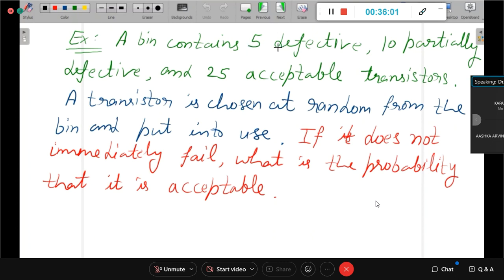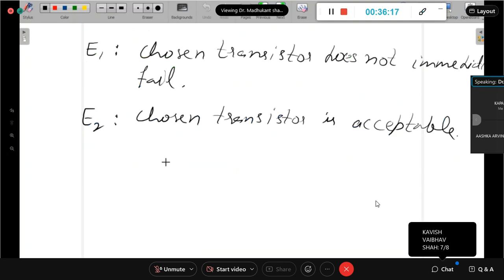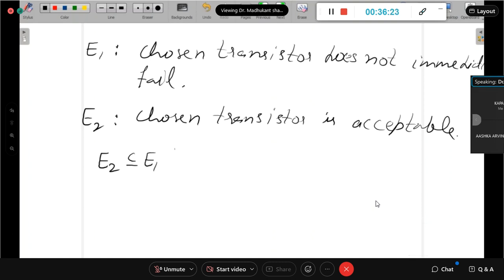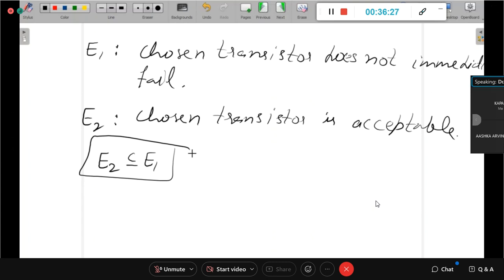Now, the defective ones you can name D1, D2, D3, D4, D5. Partially defective, PD1, PD2, PD3 and so on, up to PD10. Similarly, acceptable, A1, A2 and so on, up to A25. Okay, you can name them. Now it can be easily seen that E2 is a proper subset of E1.